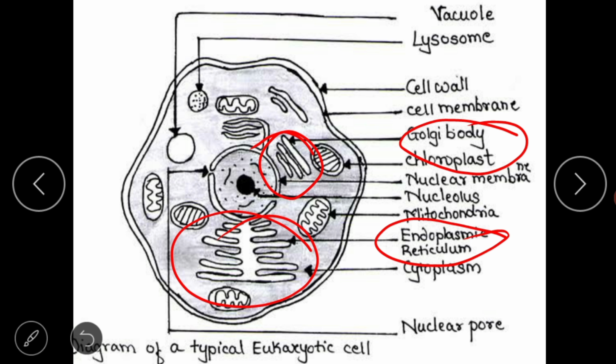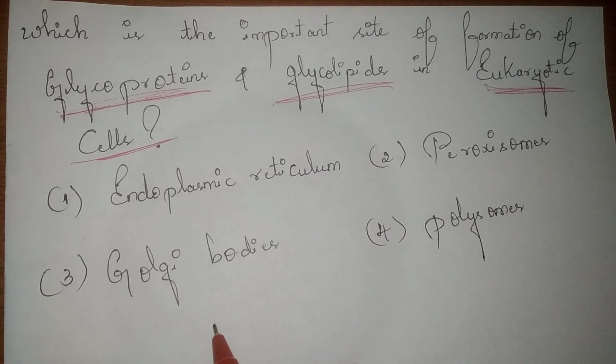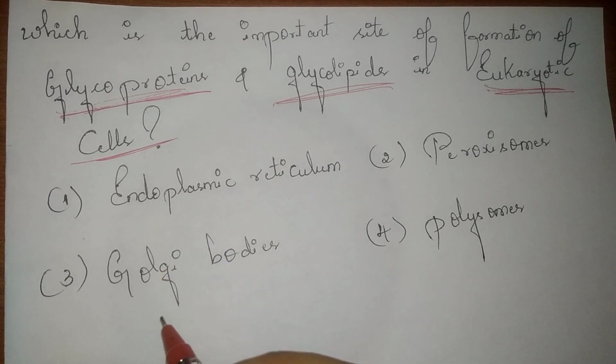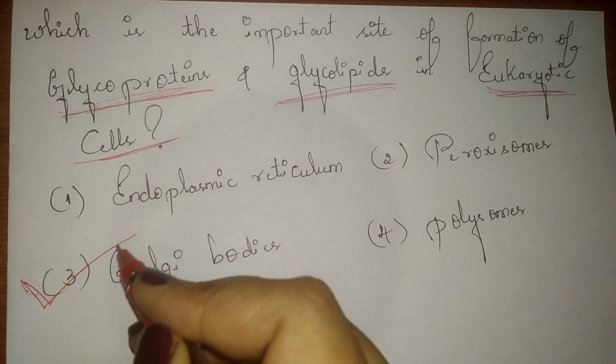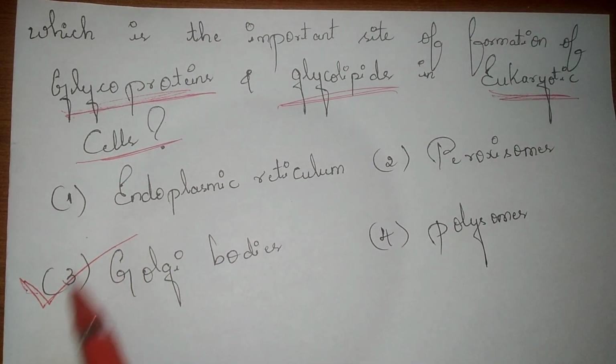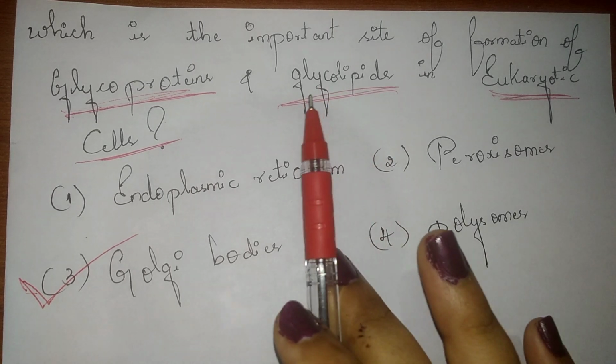So our answer will be the Golgi bodies, because they have asked in the question that we need to find out the site which helps in the formation of glycoproteins and glycolipids. So the answer is option 3, Golgi bodies. Golgi bodies is the one which produces the glycoproteins and glycolipids in eukaryotic cells.